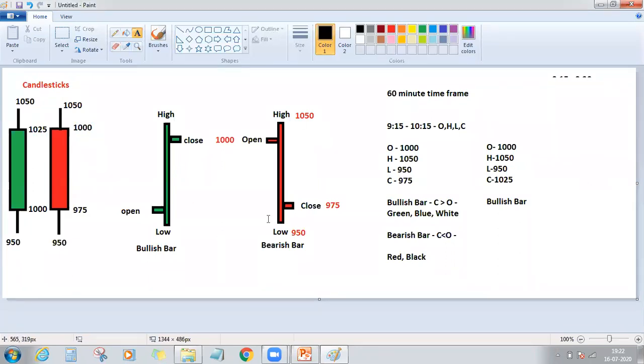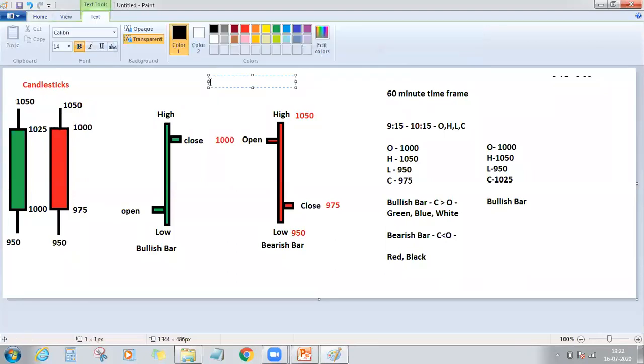Now sometimes what happens is open will be equal to high or close will be equal to low, and sometimes open will be equal to low and close will be equal to high. So these are some variations. Let's say open is equal to high.